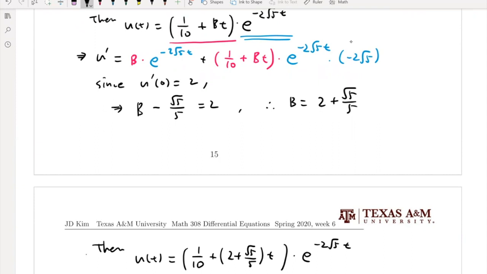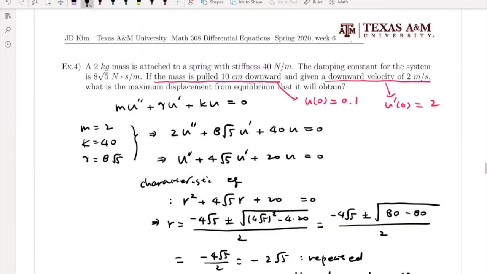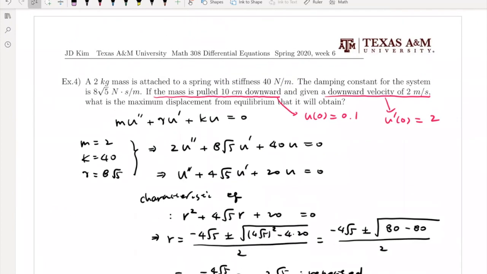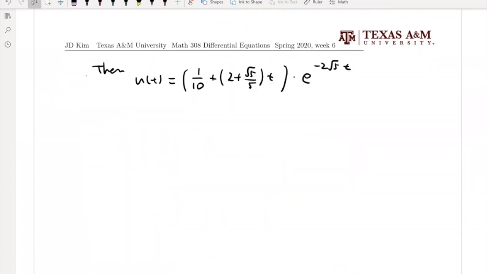Okay. So let me come back to the problem. This is a general solution. Let me double check the problem. The problem asks you to find maximum displacement, right? So we need u prime. Here we go. Second stage, find the maximum.